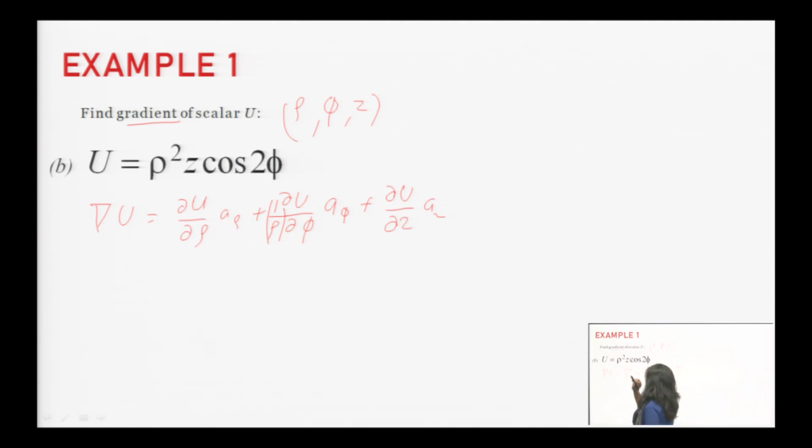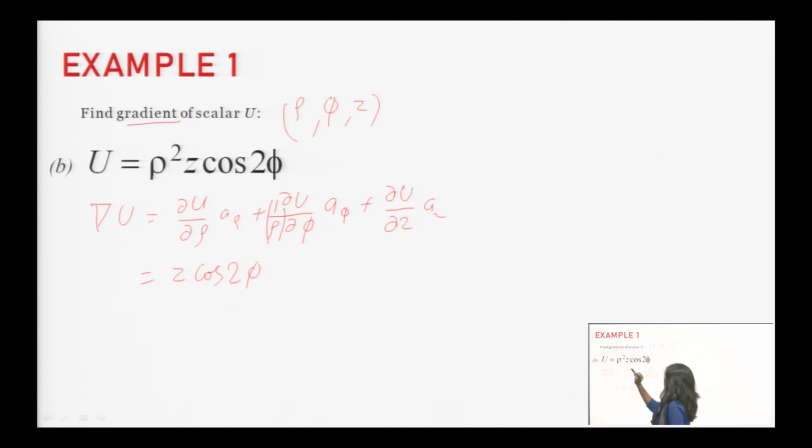So here is the function u. First of all we need to differentiate this u with respect to rho. All other things except rho will act as a constant. So we will write those first, that is z cos 2 phi, which is acting as a constant.